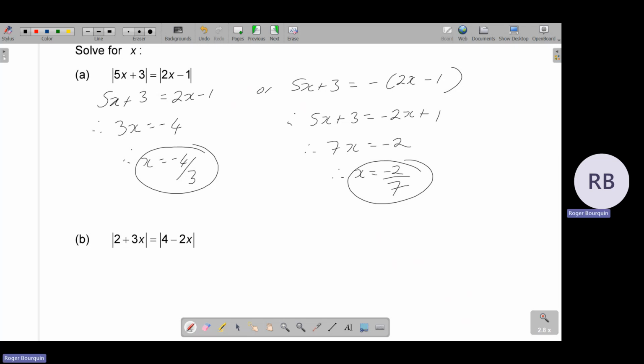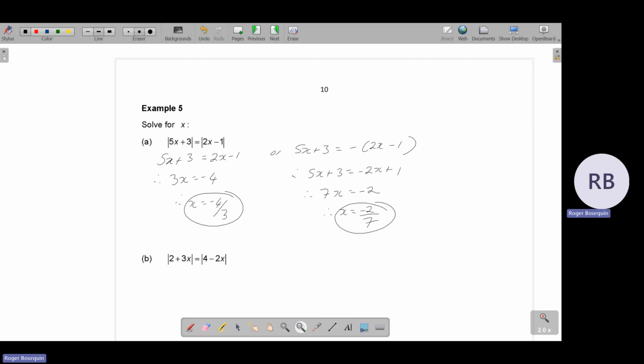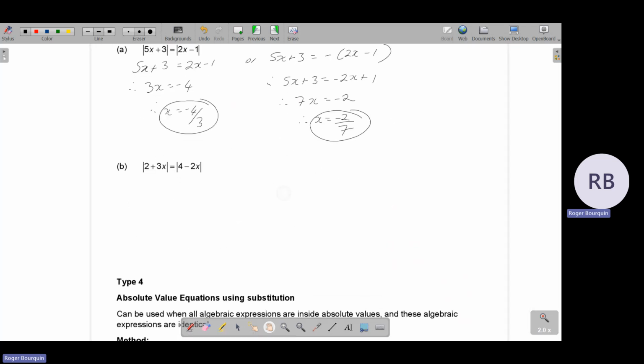Did you get negative 4 over 3 and negative 2 over 7? Well, I just used my brain, this one's probably wrong. Every time I use my brain, something goes wrong. I got 6 over 5. I think I'm wrong though.